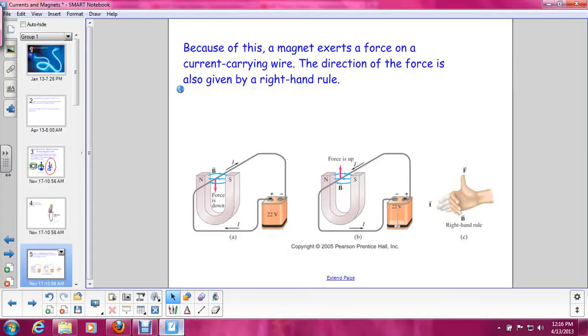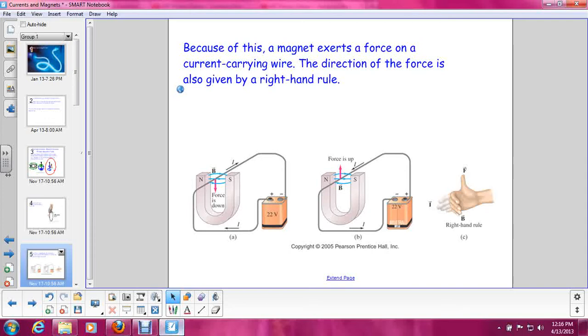You saw in the video that a few times the wire jumped up, and then all of a sudden the wire jumped down. I don't know if you noticed, but when the wire jumped down, it's because the switch was turned the other way. The first 3 times the current was running in one direction, let's say clockwise around the circuit.